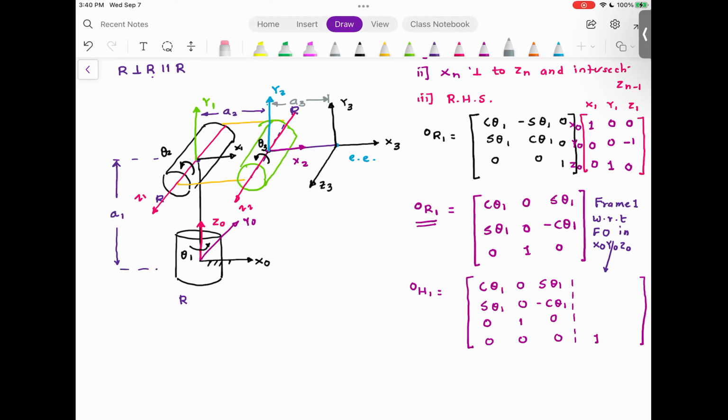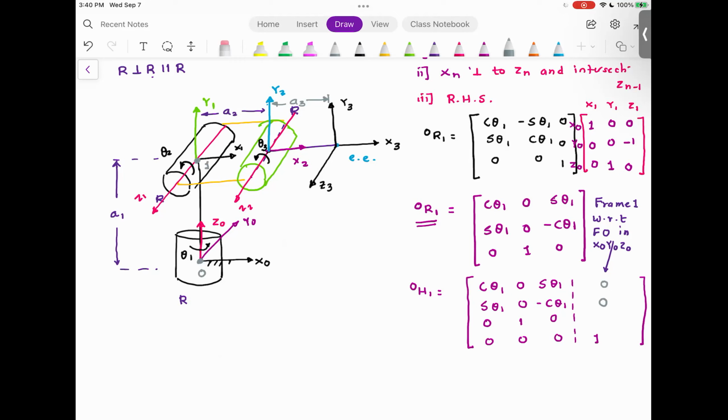So can someone tell me what would be the location of frame 1 with respect to frame 0 about x0? 0. About y0? 0.